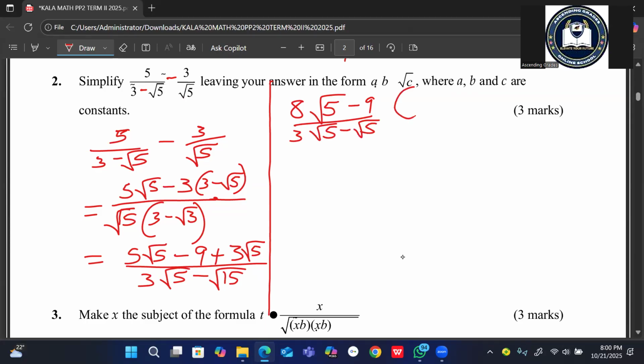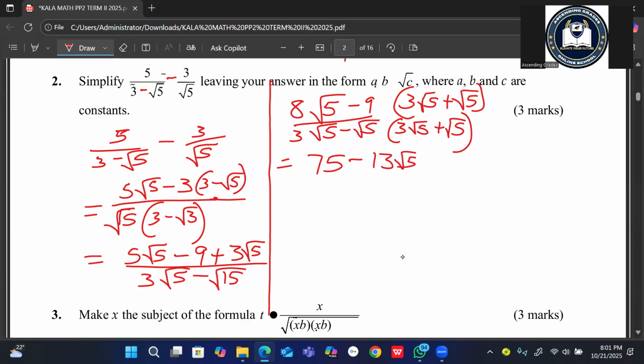So upon rationalizing our denominator, we will multiply through by 3 root 5 plus root 15. We do the same to the numerator. So that one gives you 75 minus 13 root 5 out of 20.